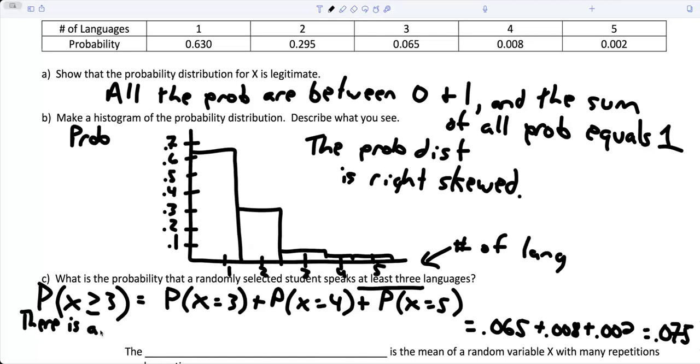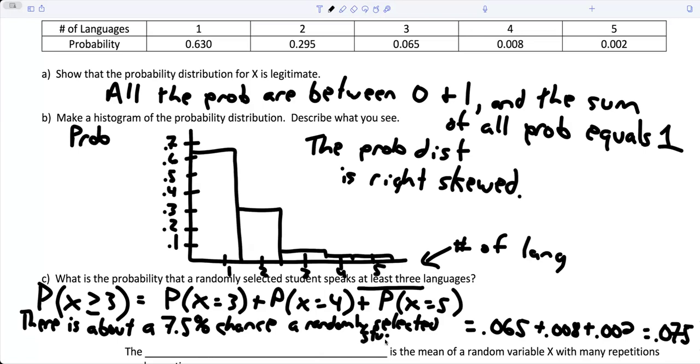There is about a 7.5% chance a randomly selected student speaks 3 or more languages.